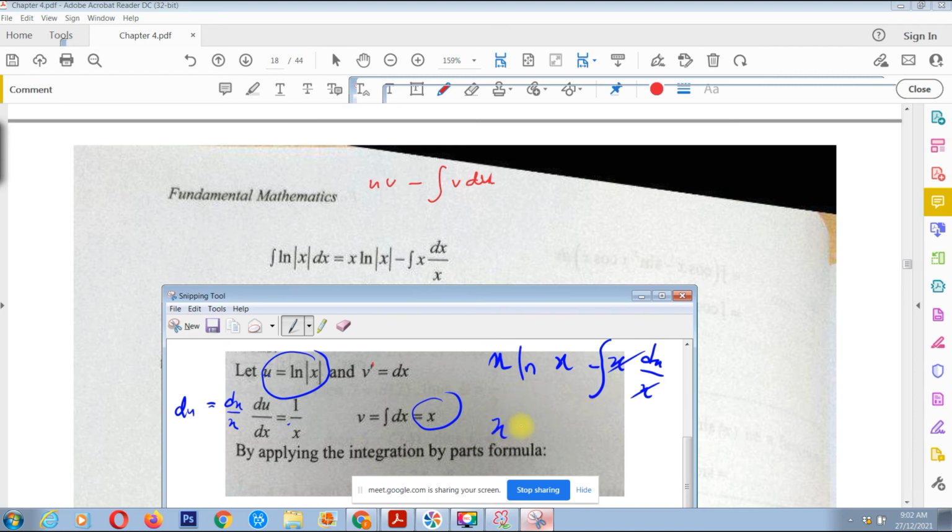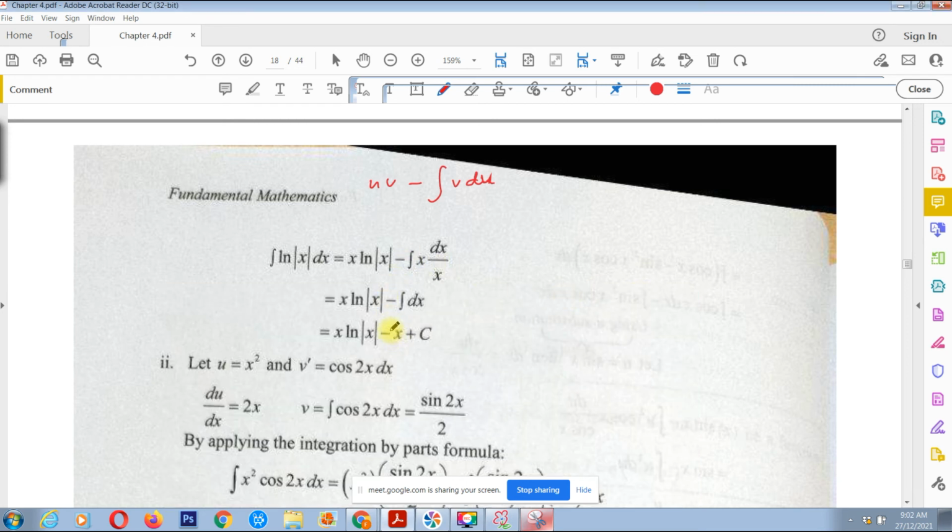So you get x ln x minus x, so you just get negative x plus c.